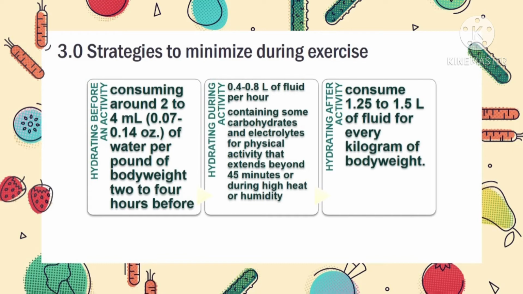For those who train outside during high heat or humidity, they should consume drinks that contain some carbohydrates and electrolytes, so that it helps the body to withstand the high heat and humidity. The third point is hydrating after activity. One should consume 1.25 to 1.5 liters of fluid for every kilogram of body weight lost.